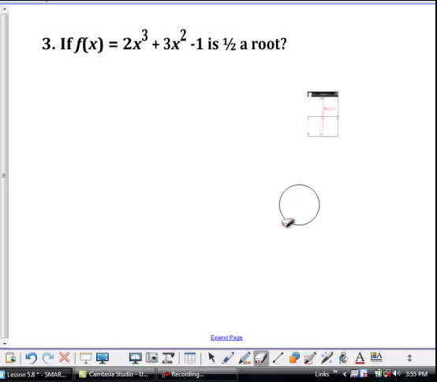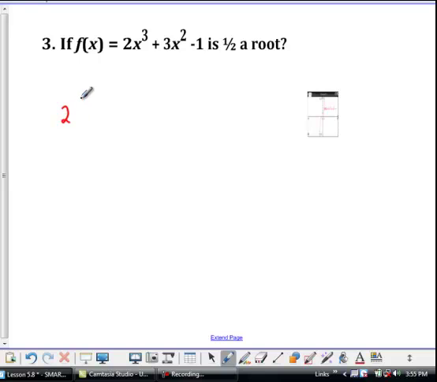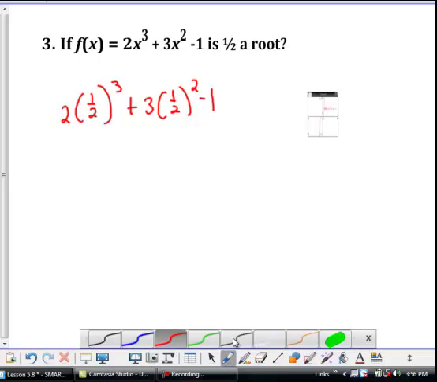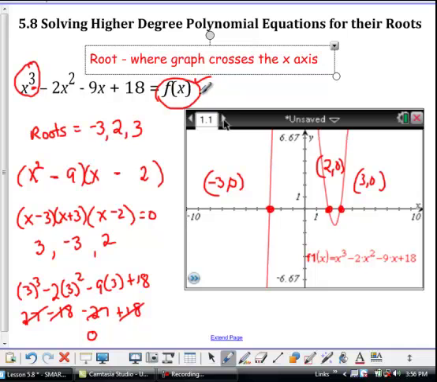So don't make this hard. If you remember from the beginning, if I stuck 1/2 in here, it better equal 0. Because remember, if we went back to that first page, every time we looked at a root, the y value ended up being 0.